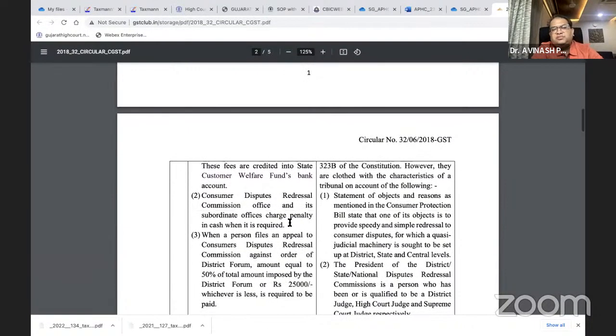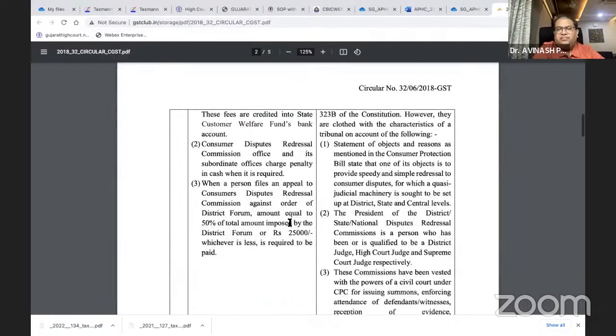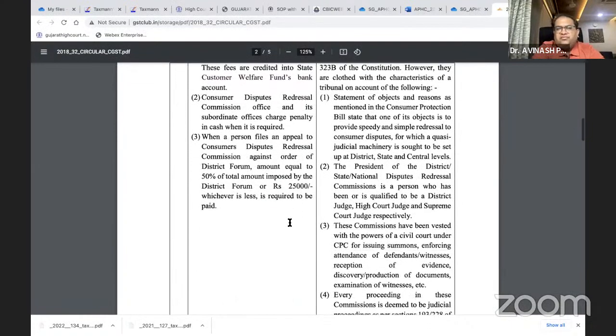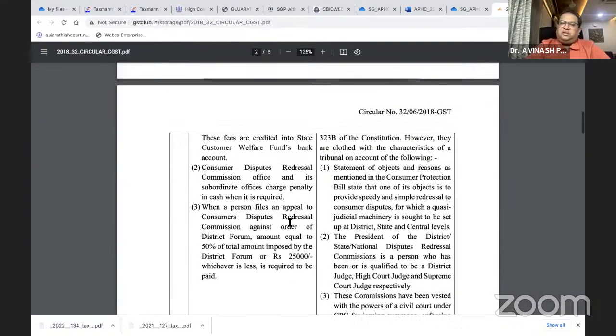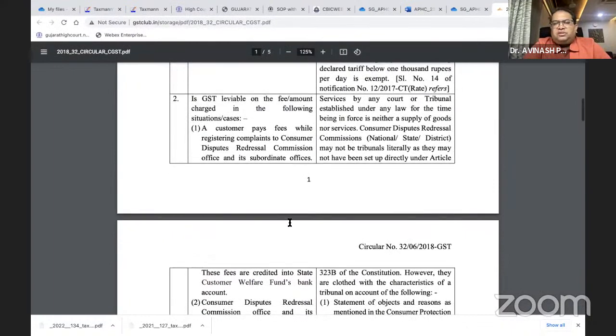Next, Consumer Disputes Redressal Commission Office and its subordinate offices charge penalty in cash when it is required. Next, when a person files an appeal to Consumers Dispute Redressal Commission against an order of the district forum, an amount equal to 50% of the total amount imposed by the district forum or 25,000 rupees, whichever is less, is required to be paid. Now, what is the applicability of GST in these three situations?